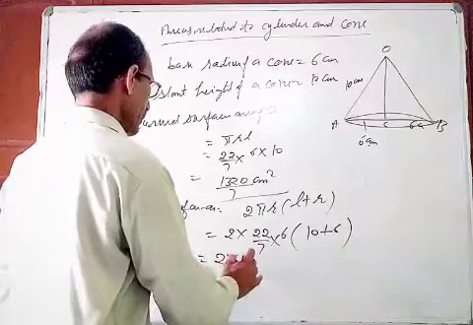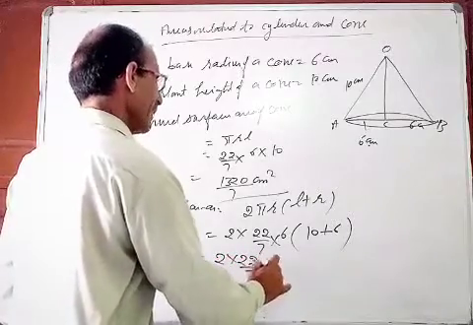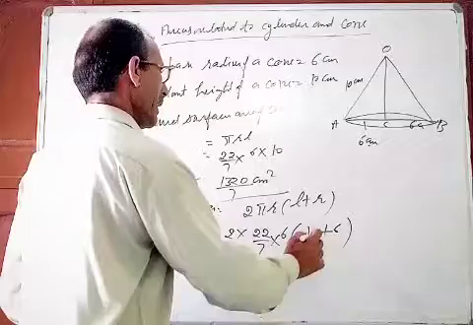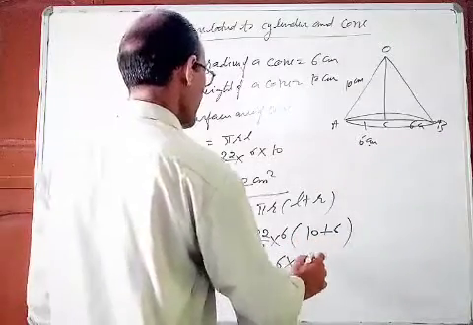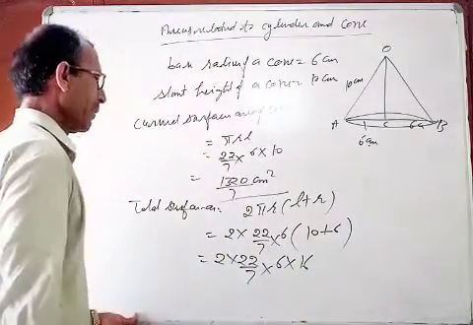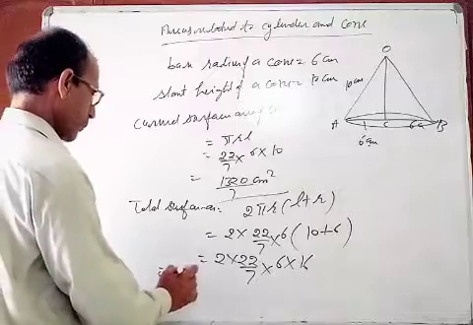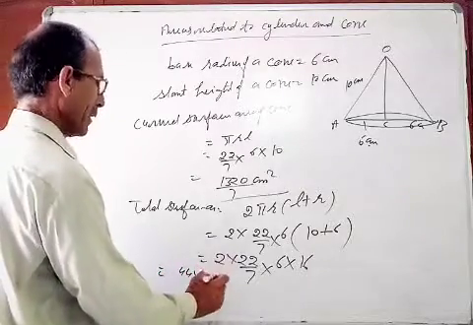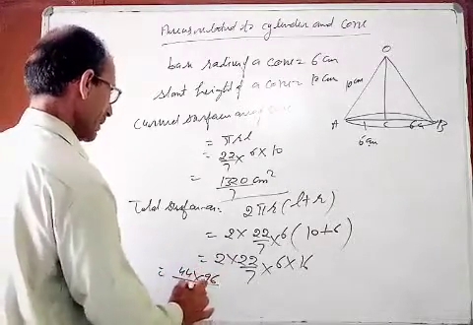So 22 by 7, 6 and 10 plus 6, 60. So now multiply them. So 44 multiply by 96 divided by 7.